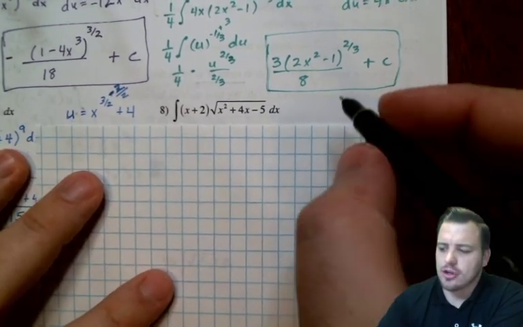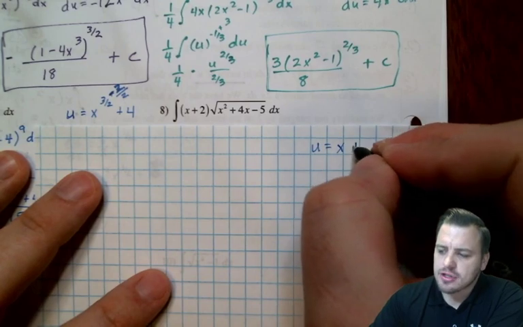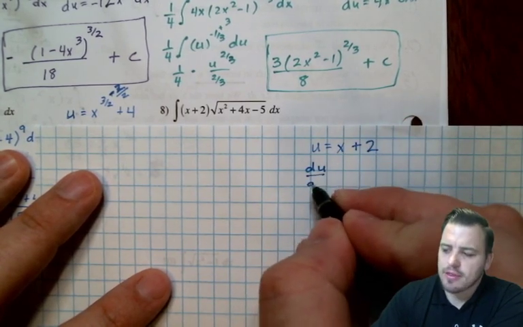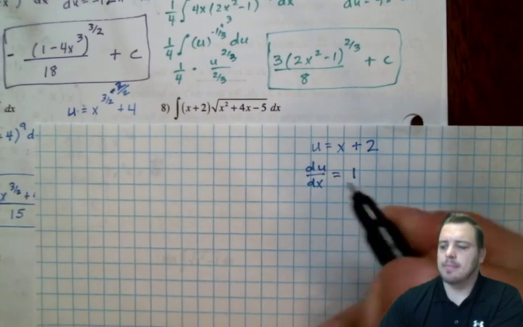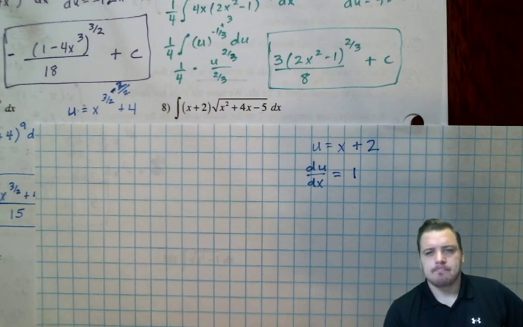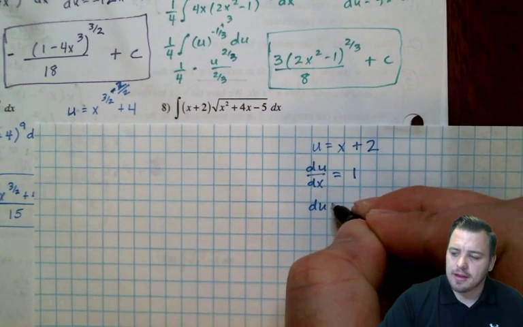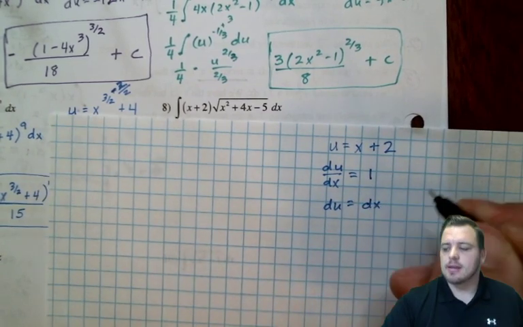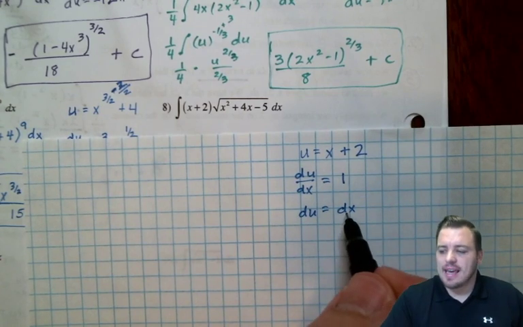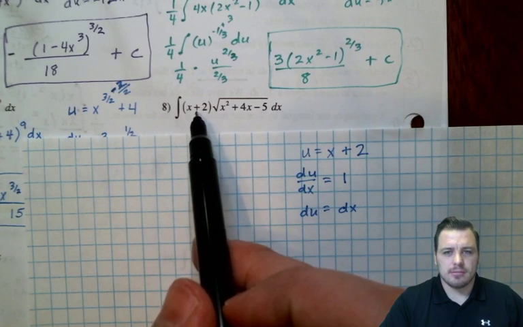So if we said that u was equal to x plus 2, then du/dx would be 1, right? And then, of course, du would be just dx. So we have a dx, and this is representing my u here.